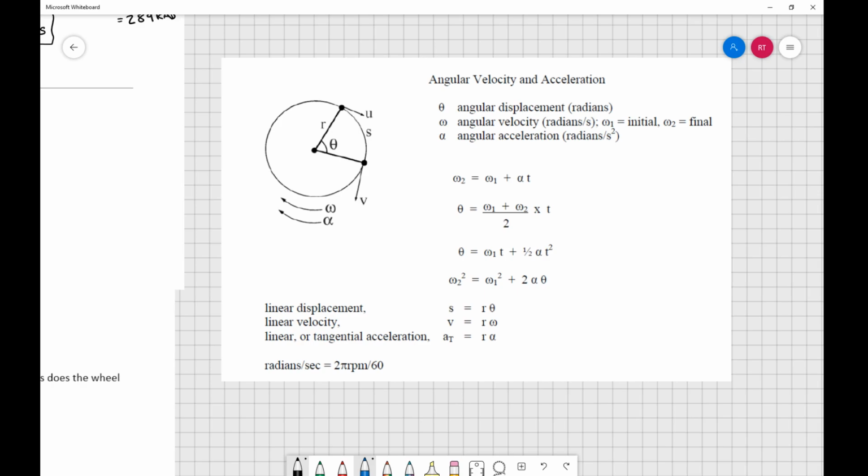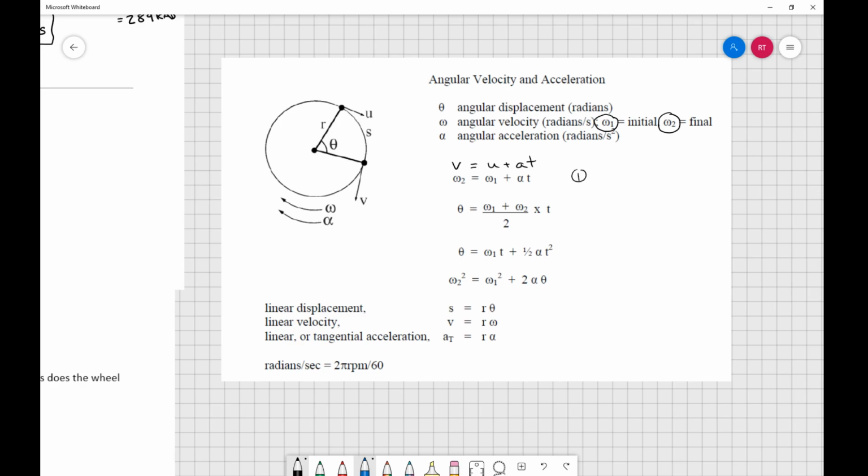So a couple things that are there. One, it lists off our values. Okay, so displacement, velocity, acceleration. Just note, instead of having a v and a u, they've used omega 1 and omega 2 as initial and final. But what we have is essentially the same linear motion equation. So like v is equal to u plus at. That's the same equation. So we have the same ones that we used before.